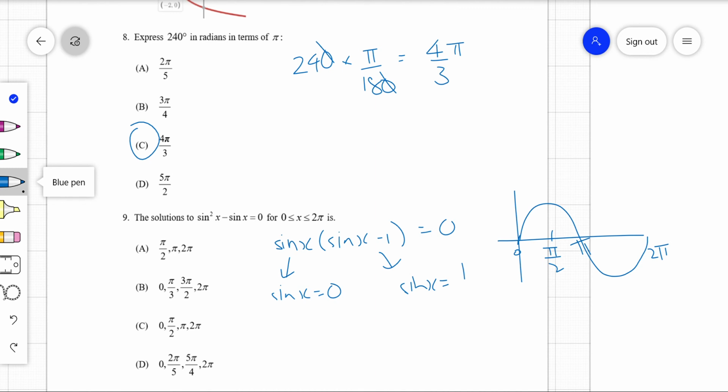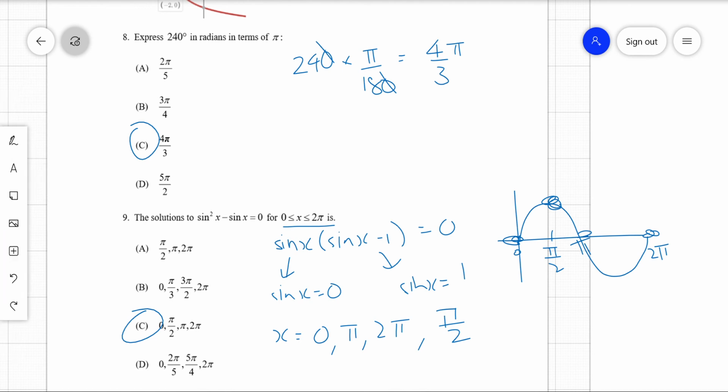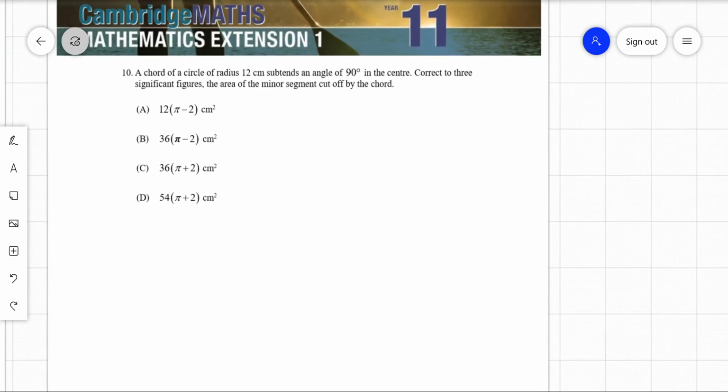So where does it equal 0? Here, here, and here. This is for 0 to 2 pi. So x would be equal to those. And where does it equal 1? Up here, which is pi on 2. So which one is that? That would be C.